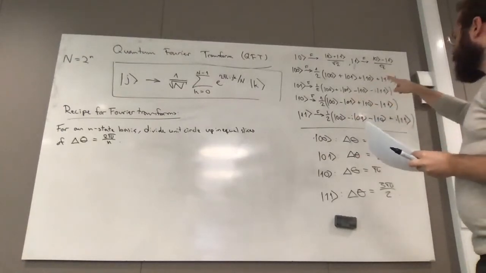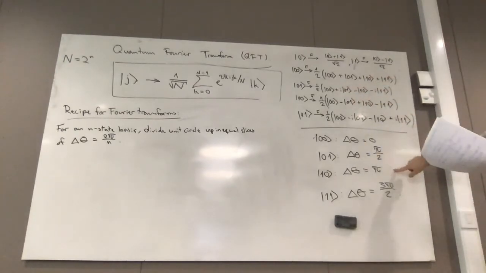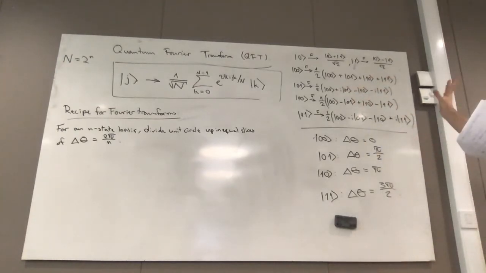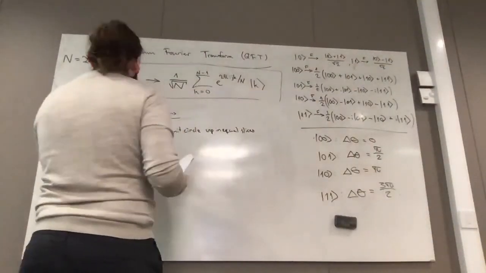So in this case, we had n equals 2, so you get 4 slices, each with pi over 2 or 90 degrees.